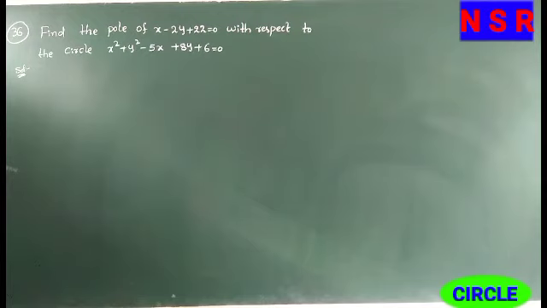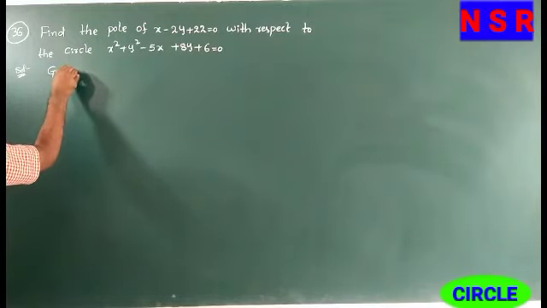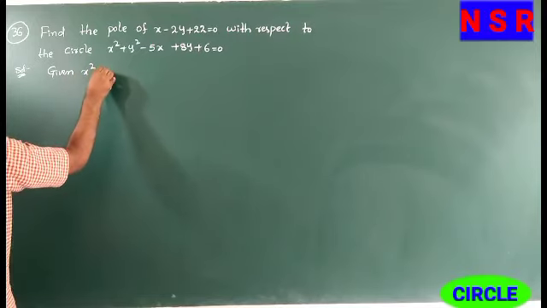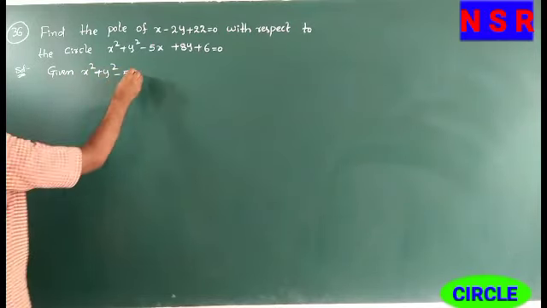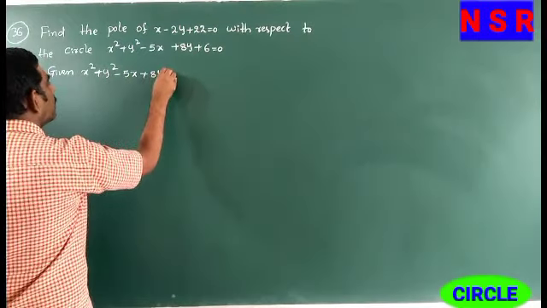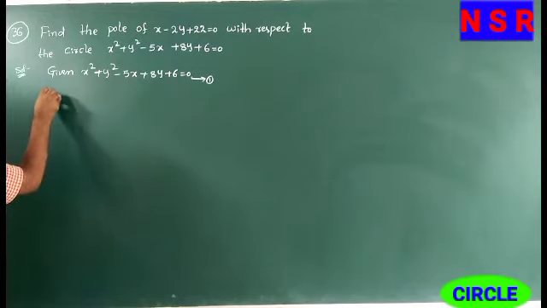Next, find the polar of x minus 2y plus 22 equal to 0 with respect to the circle. Here the given circle equation is x square plus y square minus 5x plus 8y plus 6 equal to 0. Take it as equation number 1.